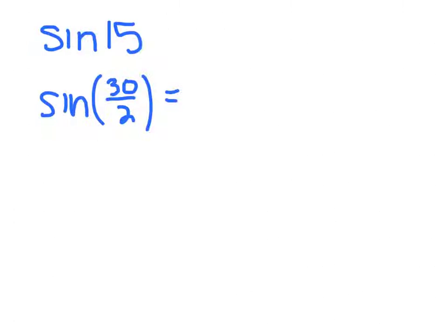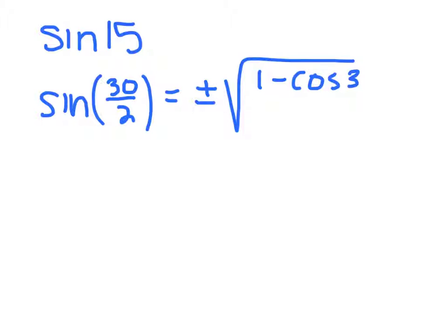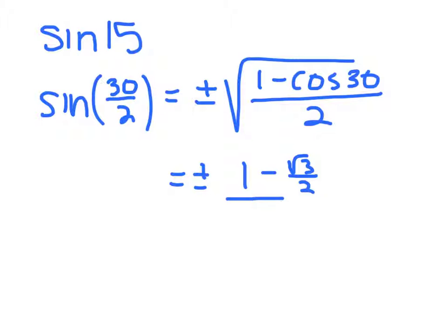The sine of u over 2 is equal to plus or minus the square root of 1 minus cosine u, over 2. With u equal to 30, the sine of 15 is equal to plus or minus the square root of 1 minus the cosine of 30, over 2. Cosine of 30 is the square root of 3 over 2. So 1 minus the square root of 3 divided by 2, all divided by 2, under the square root.